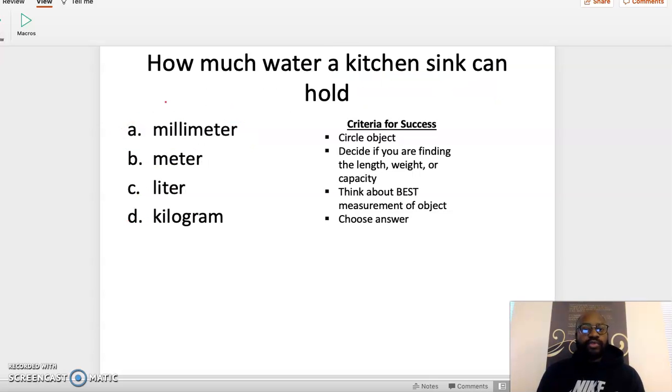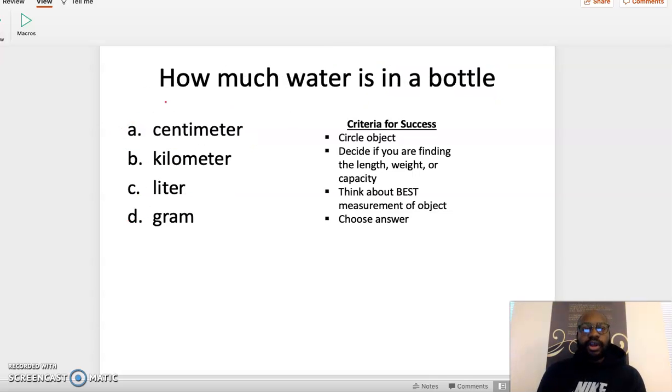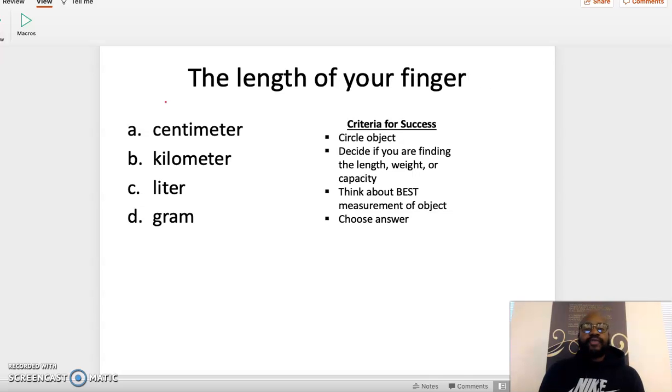So you're going to go through the next couple of examples on your own until it's time for your exit ticket, where you're going to do the same thing, answer the questions, going through the criteria for success. As always, if you have any questions, please email me, please send me a message on Google Classroom. You can even call or text me. I am here to help you.